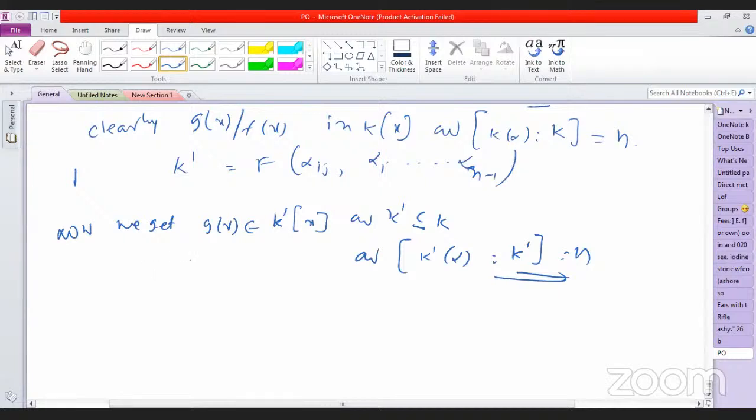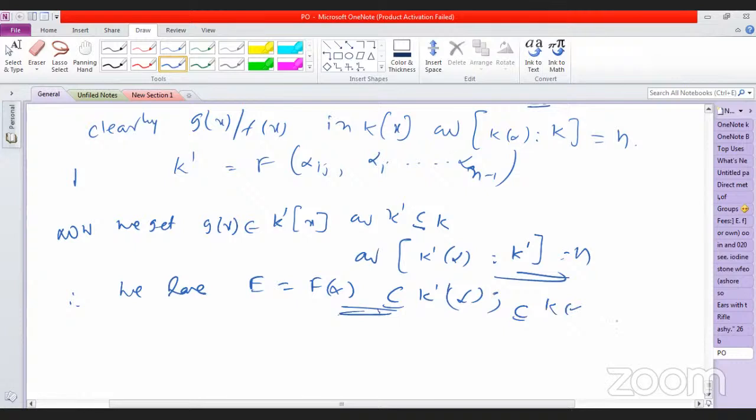We can write it or not? Yes, sir. E is equal to F of alpha, a subset of K dash of alpha, which is a subset of K of alpha, then a subset of E of alpha.